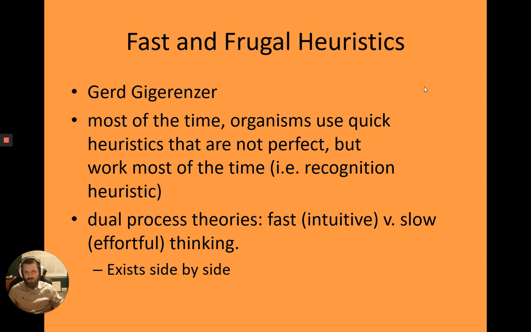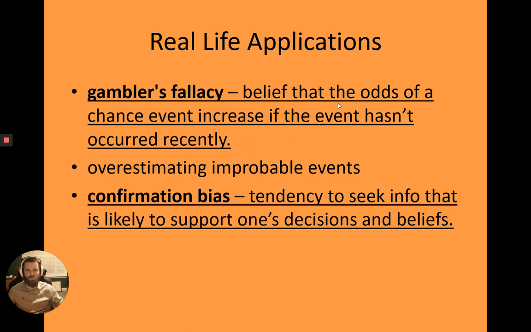People make decisions that are less than optimal sometimes, but part of the reason they do that is because many times they've found some short-term success. And so we have to be mindful that there are fast and frugal heuristics. There's a fast way that we've gone about things traditionally, but we may actually use more effortful processing and effortful thinking if we slow it all down. And these are things that can exist in tandem with one another.